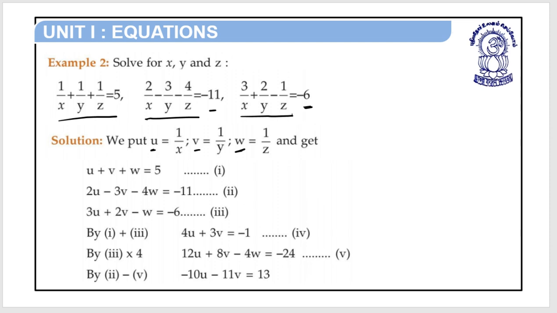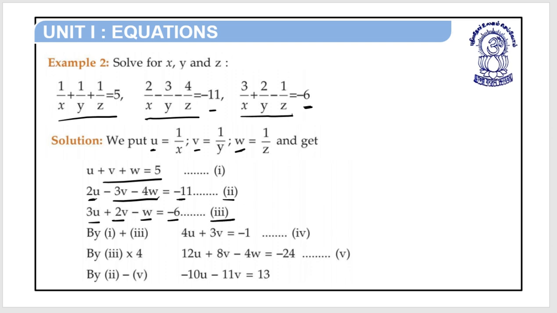So the equations become simple. So u plus v plus w is equal to 5 for the first equation, equation number 1. 2u minus 3v minus 4w is equal to minus 11, equation number 2. 3u plus 2v minus w is equal to minus 6, equation number 3.